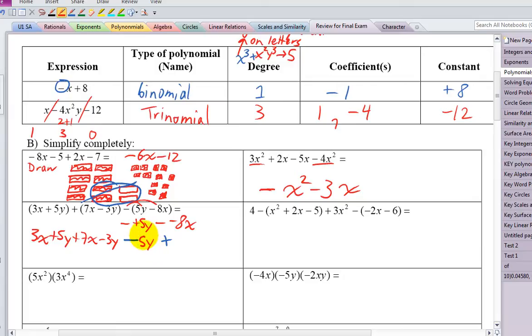So it's a minus 5y and a plus 8x. Now that you corrected your signs, you can collect like terms. For the second one, you have to make sure you subtract properly, so change your signs and be very careful because we're going to give you these where it's just a negative sign in front. Okay. Go ahead, do the next two.